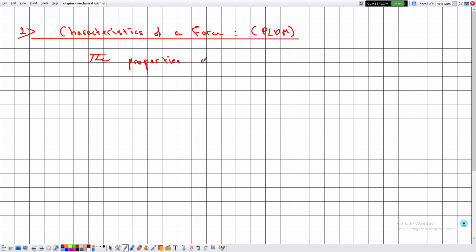The properties of a force are given by the point of application, the line of action, the direction, and the magnitude.